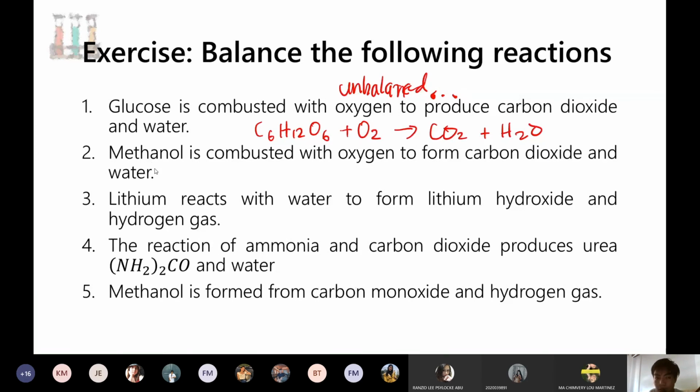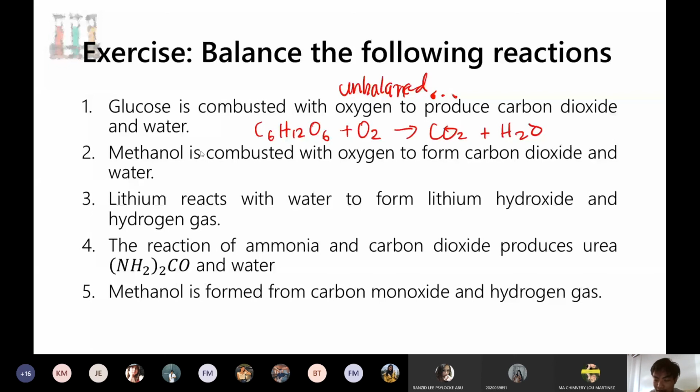When you handle methanol, kailangan naka-PPE kayo, personal protective equipment, naka-goggles, naka-mask, ganun siya ka-toxic. Alcohol siya, yes, pero delikado kasi, so you don't want to mess with methanol. Full attire ka dapat dyan kasi nakakabulag siya. Okay? Bukod pala sa nakakabulag, nakakamatay din. Share ko lang.